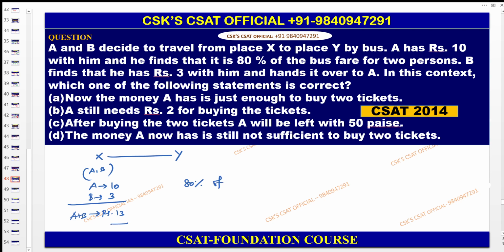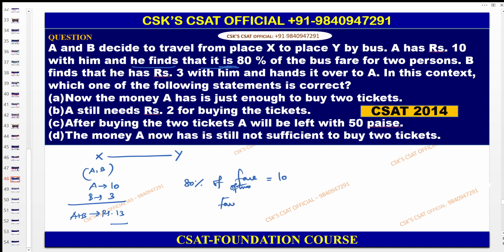So therefore 80% of the fare is equal to what? A has rupees 10 with him. He finds that, please remember, it is 80%. So therefore this 10 rupee is equal to 80% of the fare of 2.